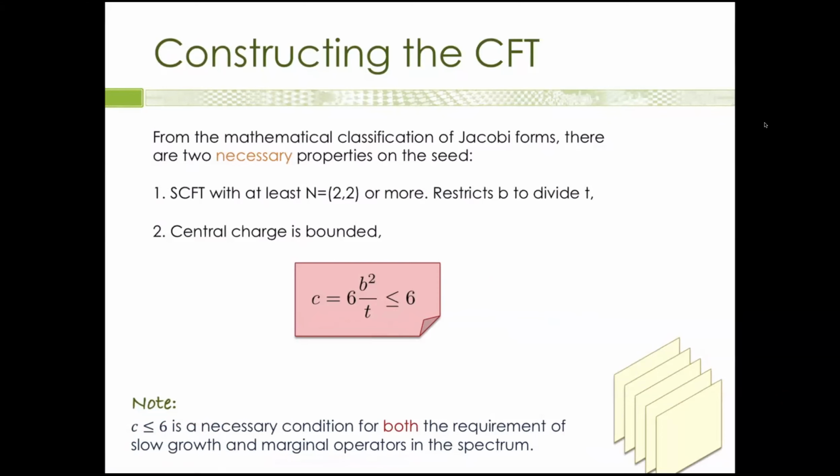Sorry, Alejandra, is C equal to 6 B squared over T a famous formula? Basically, when B and T are 1, that's the simplest case, the D1-D5 system where the central charge is equal to 6. And in general this is always true?